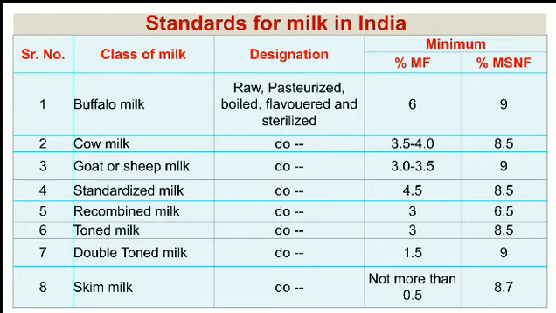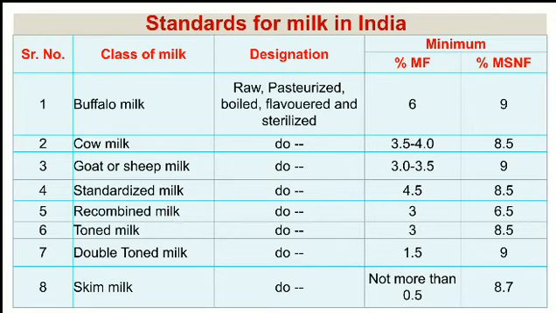Then next is the recombined milk. In recombined milk, the minimum fat percentage should be 3% and SNF should be 6.5%. Then next is the toned milk. In toned milk, the fat percentage should be 3% and the SNF should be 8.5%. Then next is the double toned milk.